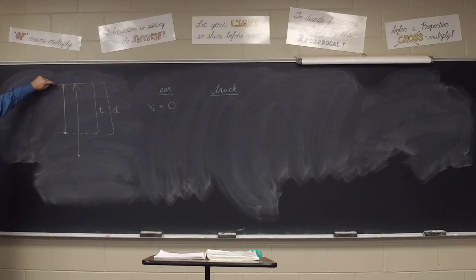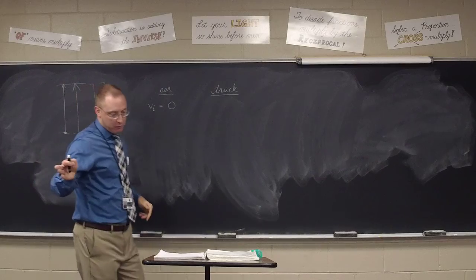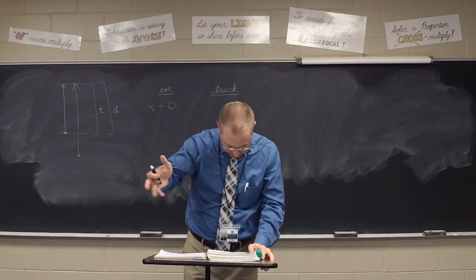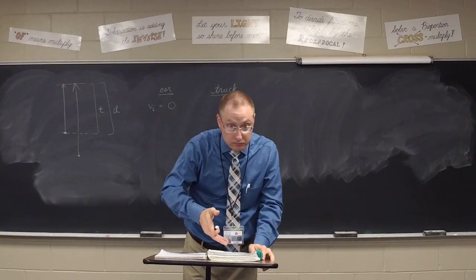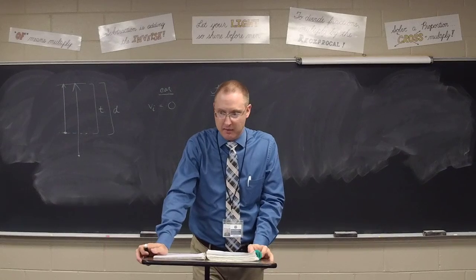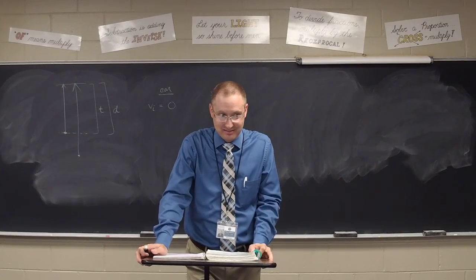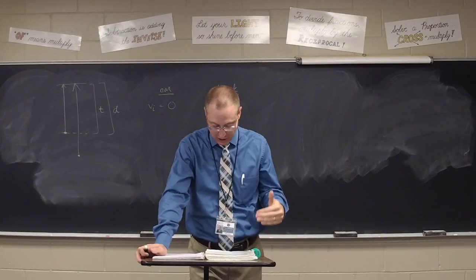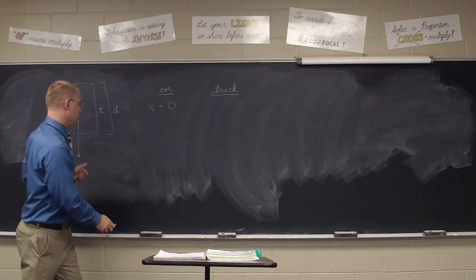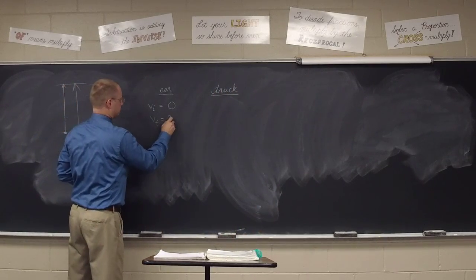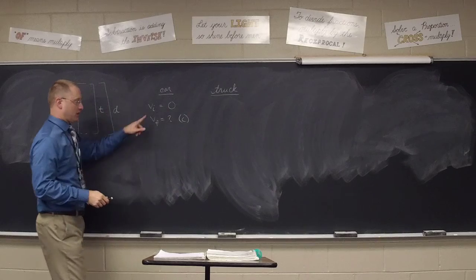At this moment in time, do we know how fast the car is going? No. That's actually one of the things I believe we'll find. Which part of the problem was that? Part C, right? Find the car's velocity when it overtakes the truck. So in part C, we're going to find this.